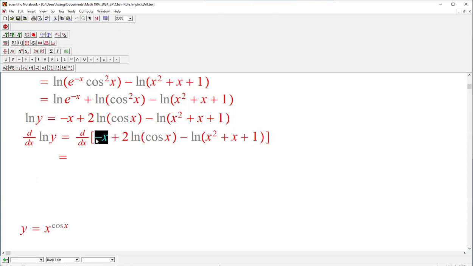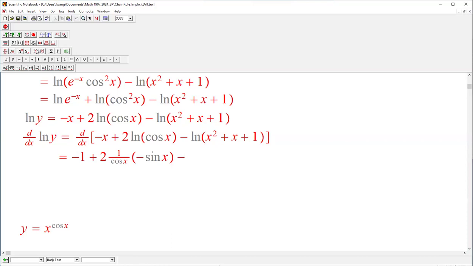The derivative of negative x with respect to x is negative 1. The derivative of 2 times ln cosine x is 2 times, chain rule, 1 over cosine x, and the derivative of cosine x gives us negative sine x.